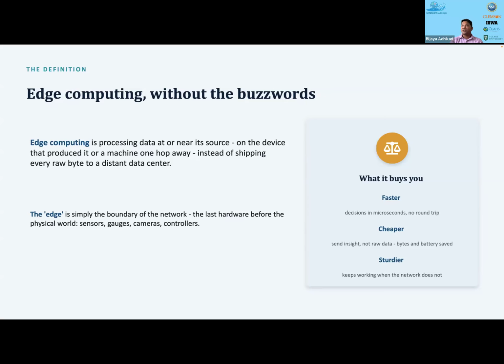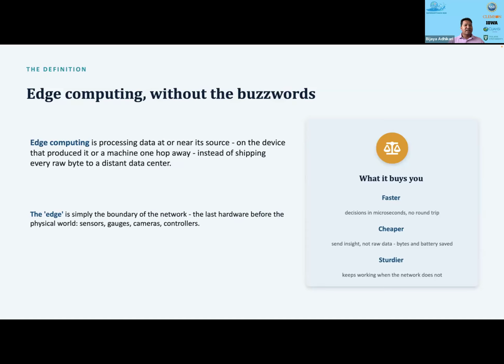So for water computing, this is basically a river gauge. The edge is basically the boundary of the network, the last hardware before the physical world. If you think of this flood system, we may have the data center that collects everything, the communication links, and then small local hubs, and those local hubs talk to the field sensors.